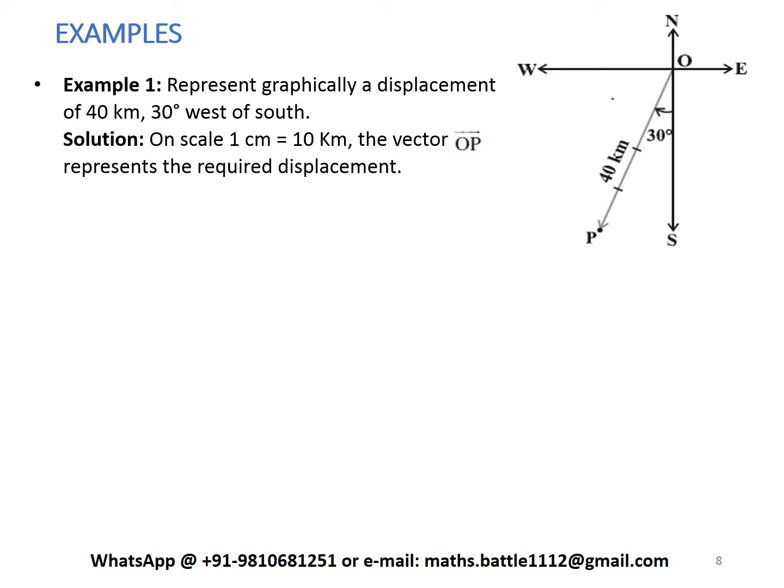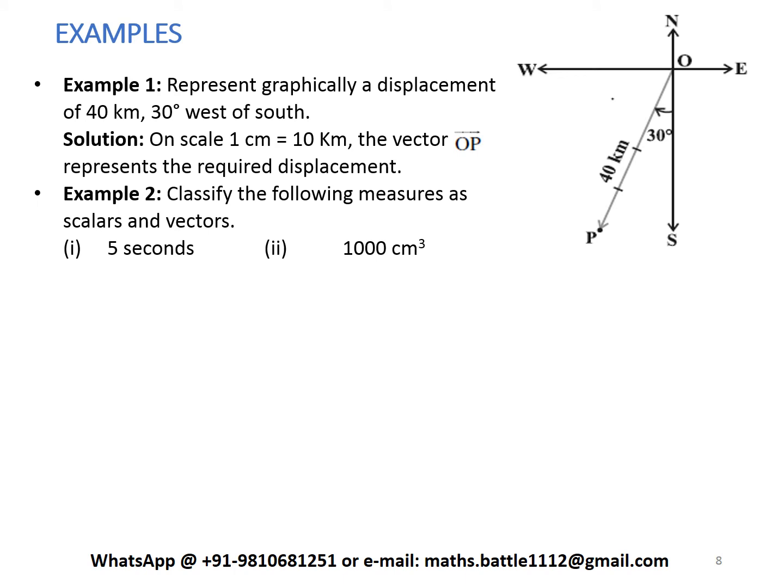We have drawn the 30-degree angle from OS, so OP is 30 degrees west of south, and the displacement represents 40 kilometers as we have selected the scale 1 centimeter equal to 10 kilometers.